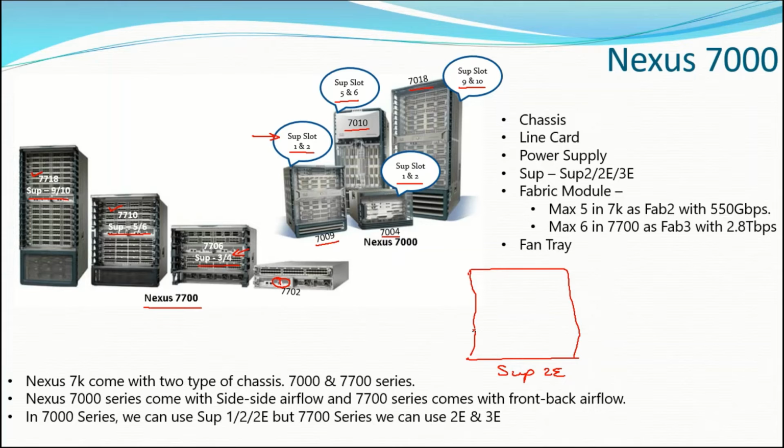Within this SUP2 and SUP2E, we have a chip installed which is called the system controller. This system controller chip is built into any of the supervisor engines in the Nexus 7000, either the 7000 or 7700.